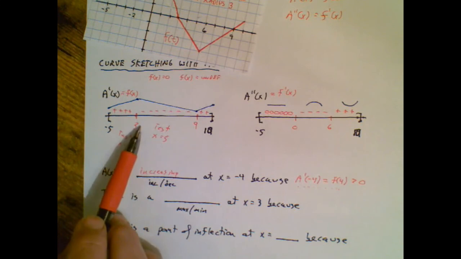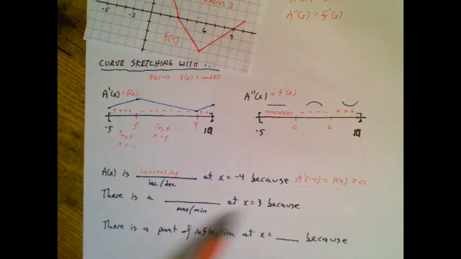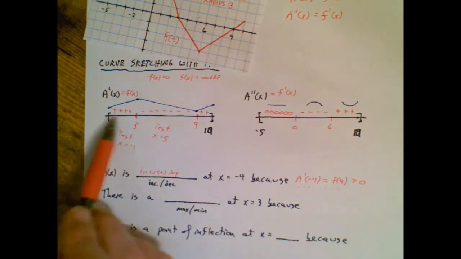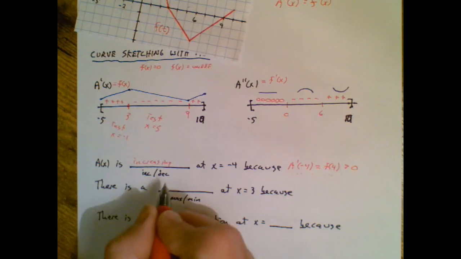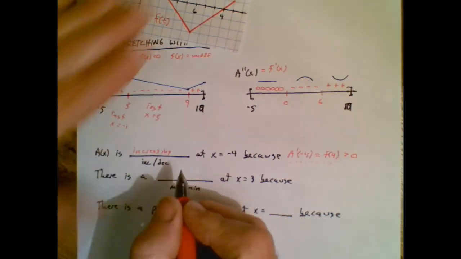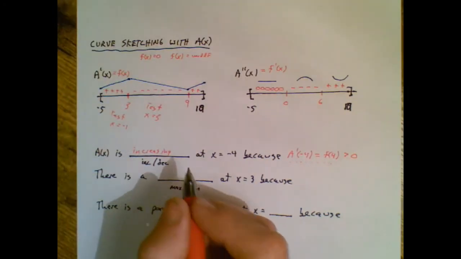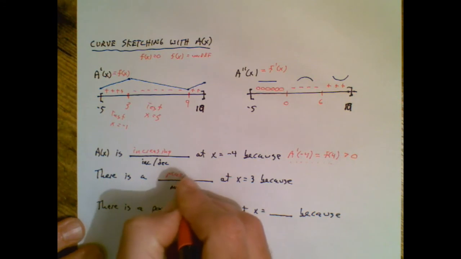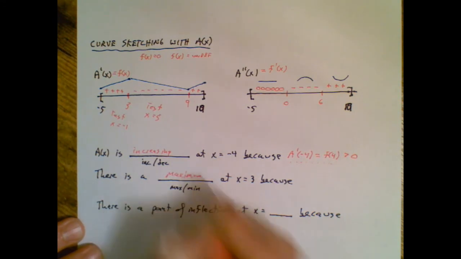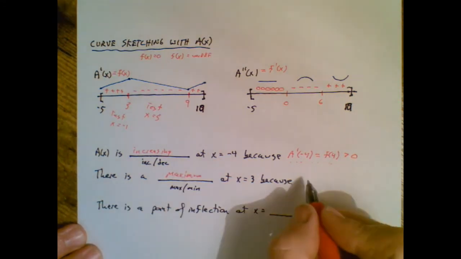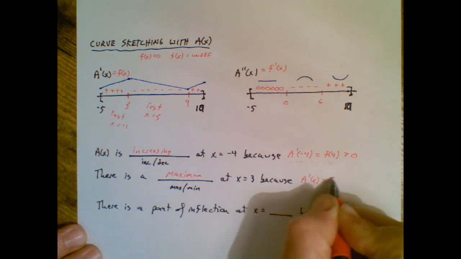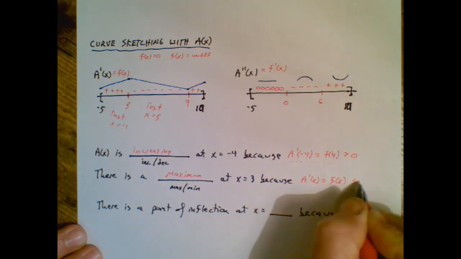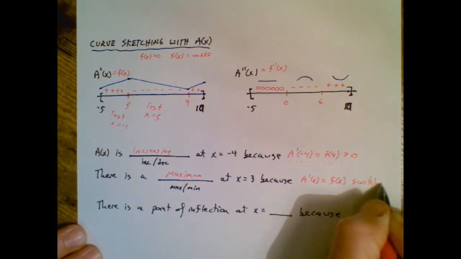Next question. At x equals 3, is there a maximum or a minimum? If I filled out this number line, it's so obvious. It was going uphill and downhill, that's a maximum. And then I would say because A prime of x, which is the same thing as f of x, switches from plus to minus.